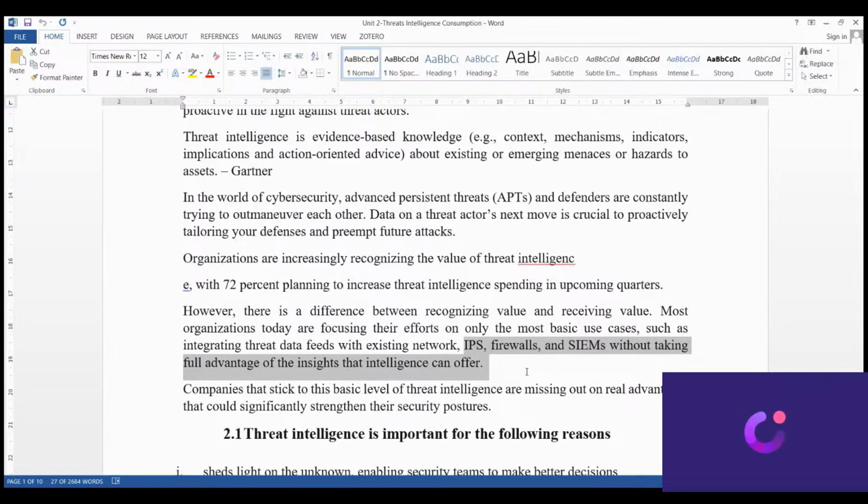Companies that stick to these basic levels of threat intelligence are missing out on real advantages that could significantly strengthen their security. So it's very important that the aspect of cyber intelligence is critically looked at and analyzed by this organization.